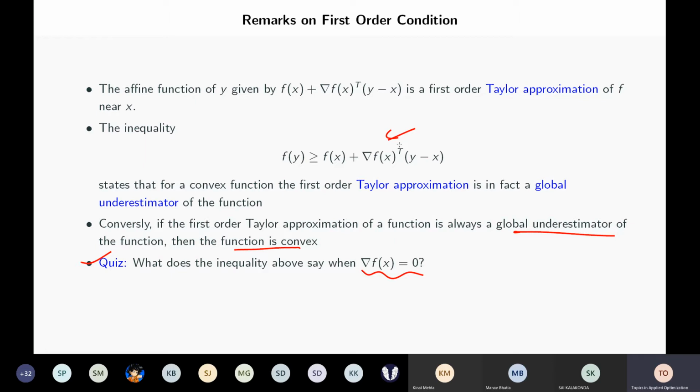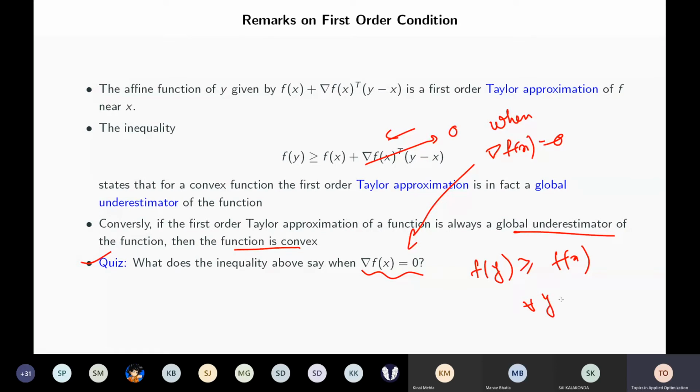So what will happen with grad f of x equals 0, assuming that this inequality holds? What we observe is that when grad f of x equals 0, this term will vanish. So what does this mean? This means that f(y) is greater than or equal to f(x) for all y in the domain of f.